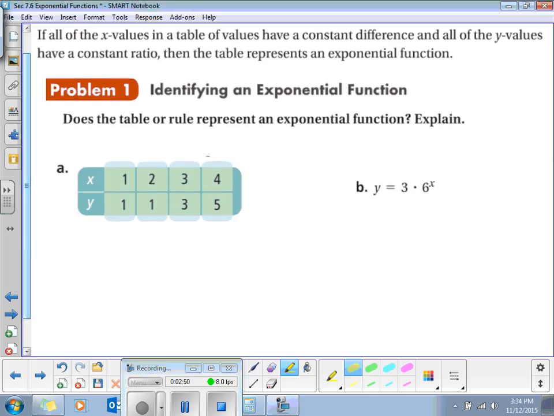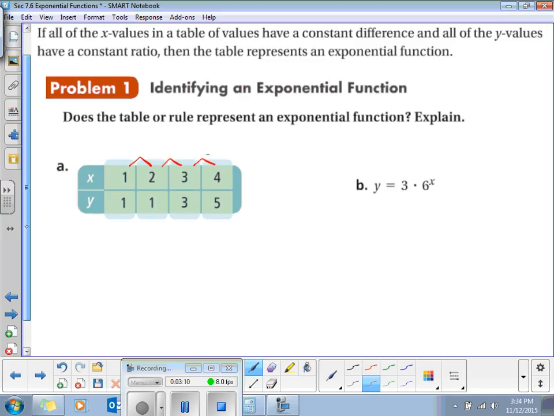Okay? So, first, it says if all of the x values in a table of values have a constant difference, so we want to look at the difference in the x's. So here, 1 to 2, 2 to 3, and 3 to 4.